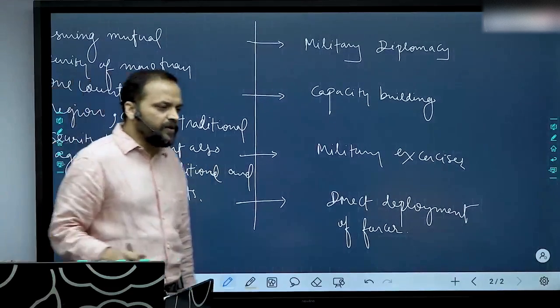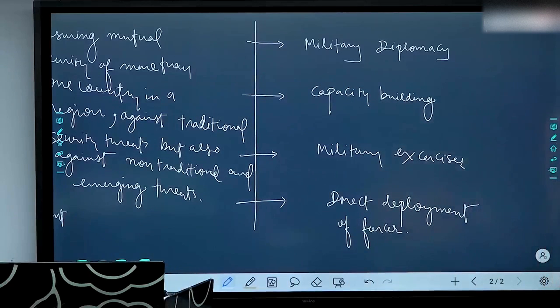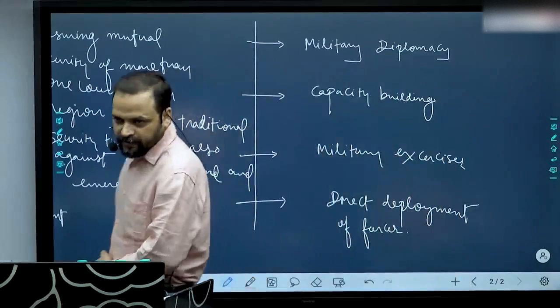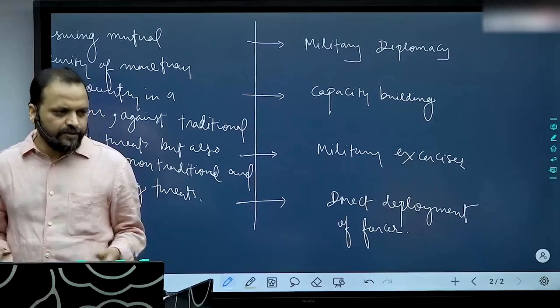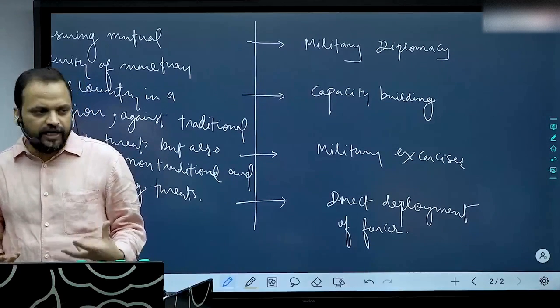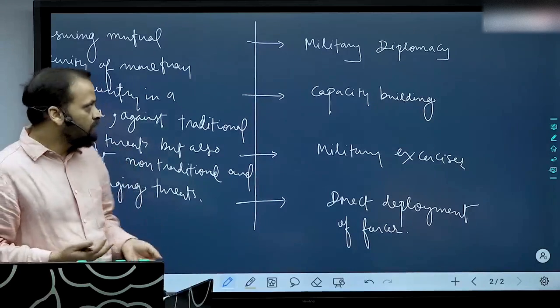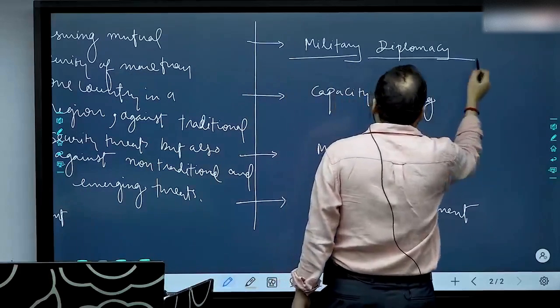Military diplomacy would mean, for example, recently India's army chief, General Manoj Pandey, visited Nepal. So these are very regular parts of what countries do to promote engagement between militaries, visits, diplomatic visits, all right. So military diplomacy or deployment of military attaches.